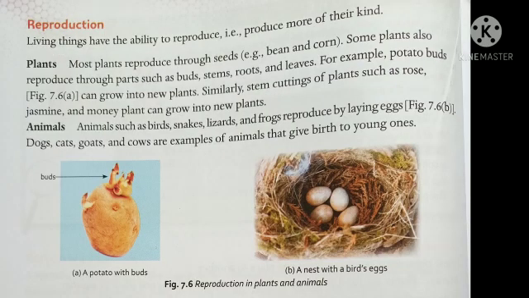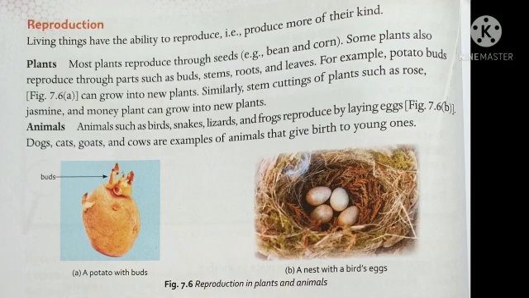Reproduction. Now, students, living things have the ability to reproduce more of their kind through reproduction. Different organisms have different means of reproduction. Like plants reproduce through seeds, but some plants also reproduce through parts such as buds, roots, leaves, and stems.